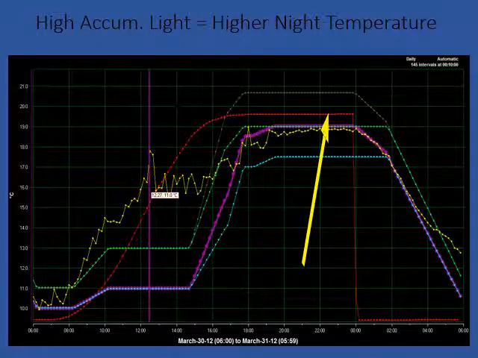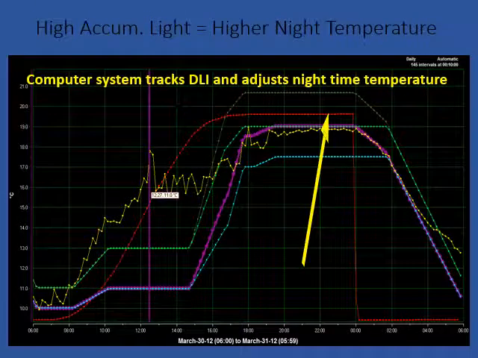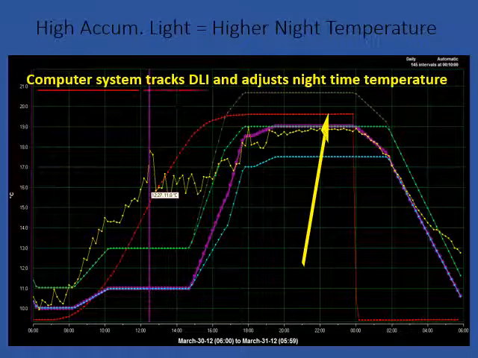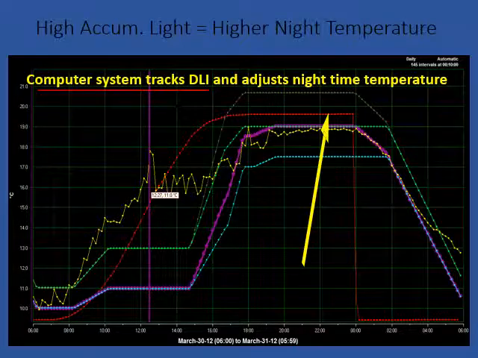It's a lot of scribbling, but I think you get the idea. So oftentimes your computer system automatically tracks and adjusts night temperature and your DLI accordingly. So that's nice. You don't have to constantly sit on it, but you should monitor it, check the graphs to see what's going on, and make sure something's not wrong.